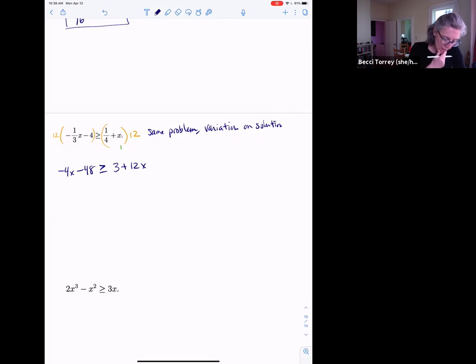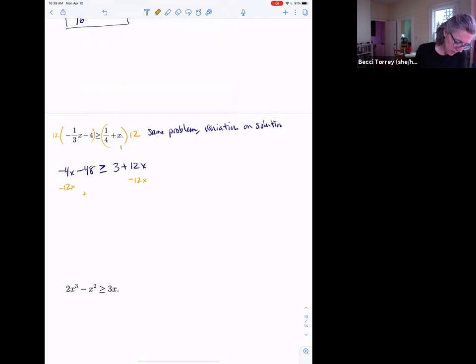And now this time, let's say I didn't notice. Normally, I'm sort of reading ahead and saying, okay, I'm going to add my 4x to this side to keep my x value positive. But let's say I didn't notice and I instead decided to subtract 12x to get my x's over on the left side.